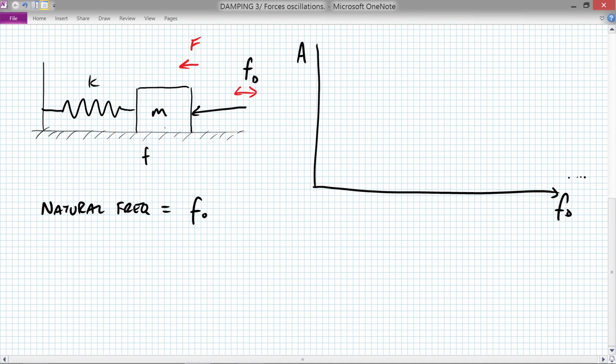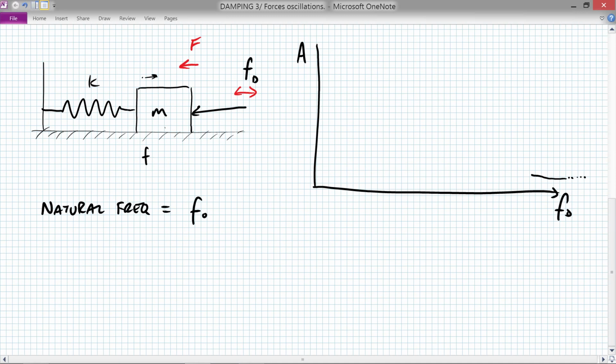If I start my motor off and it applies some force to my system at very high frequency, that results in a very small amplitude, because I'm shaking it far too fast for it to do anything meaningful. By the time it gets over here, it's already been pulled back. So the actual amplitude is very small.